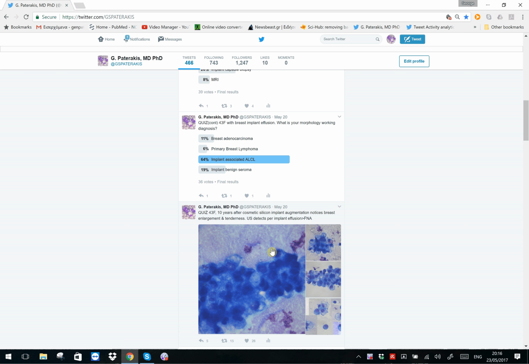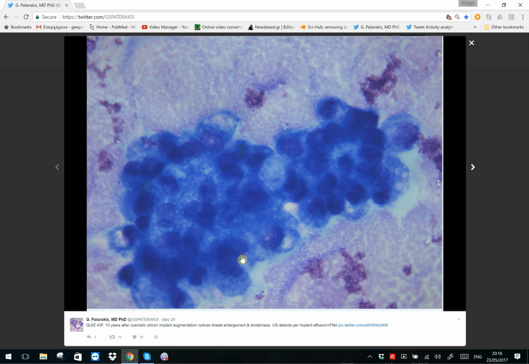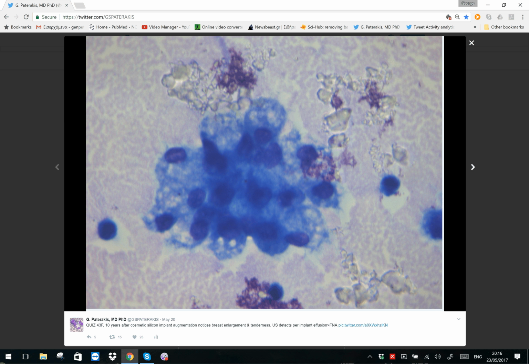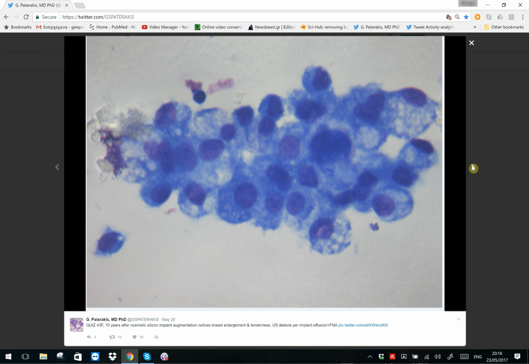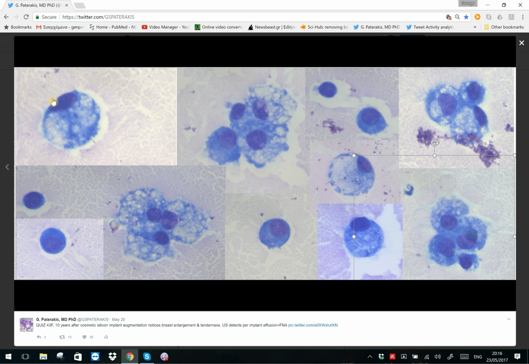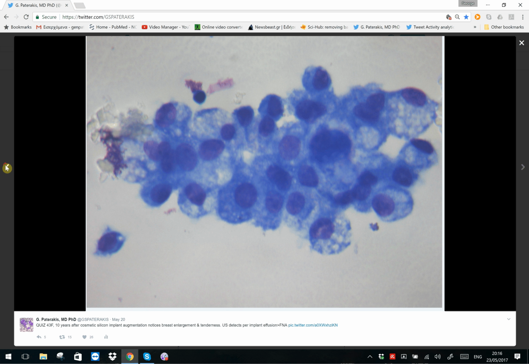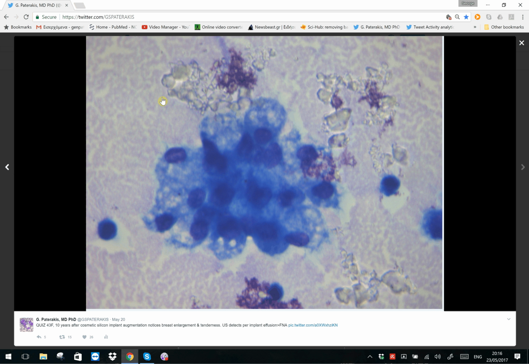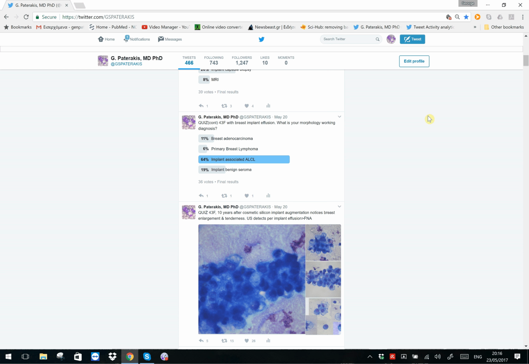So the first cycle of the quiz problem was whether these cases, you can see here, describe cells with cytoplasm with abundant vacuolation, eccentric nuclei, and groups stuck together. What are the options of a case of implant seroma, as we call it?